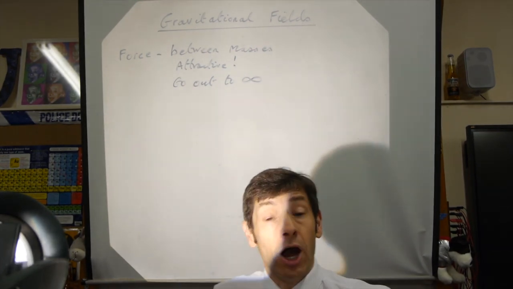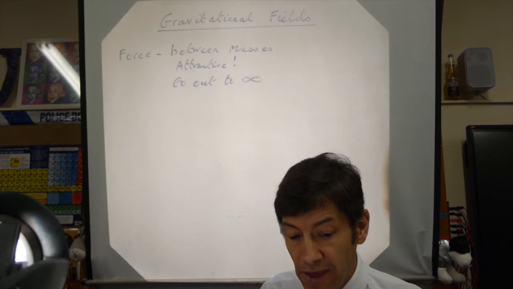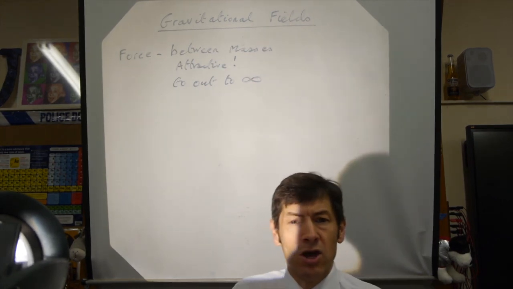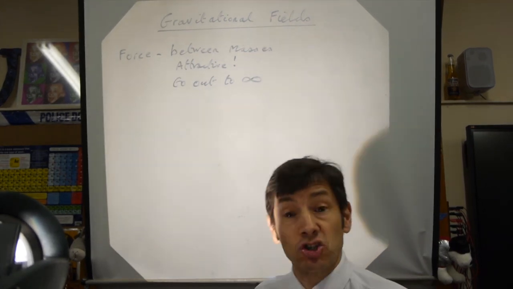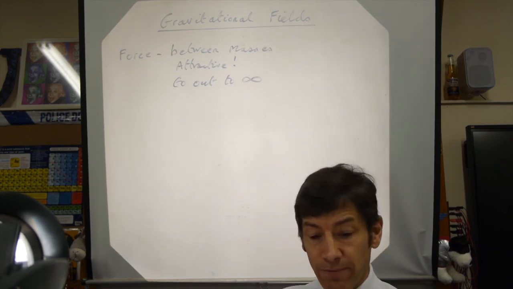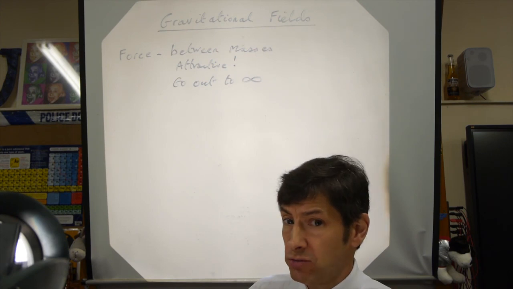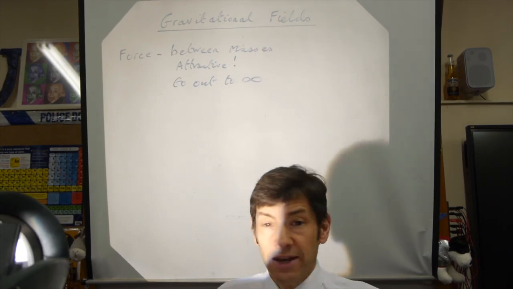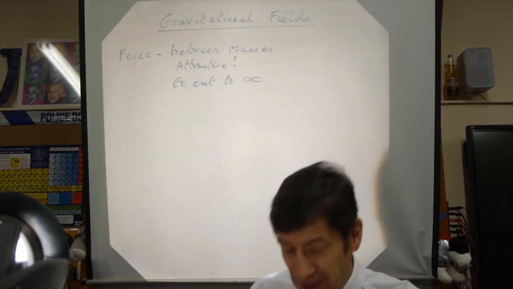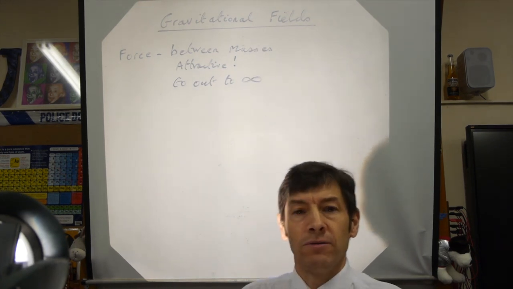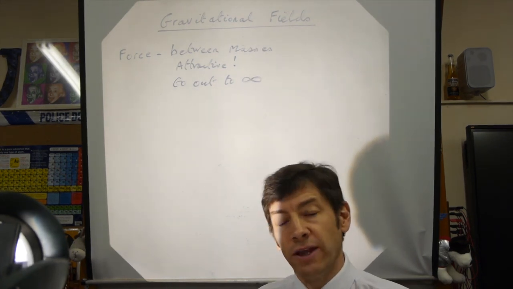Now later on we'll look at other fundamental forces of nature, and a good example is the strong nuclear force inside an atom that holds protons together. They should repel because they're very positive. Now the strong nuclear force is very strong, but it's very short range.